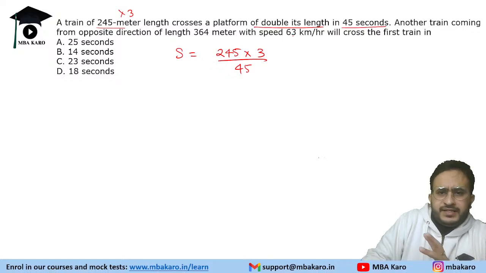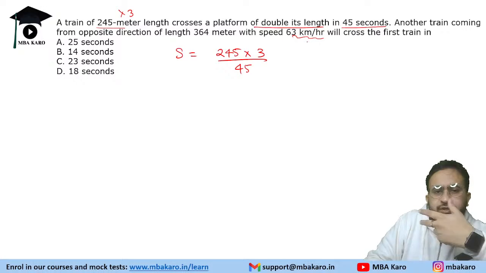Since the other speeds are in kilometer per hour and this we will get in meter per second, we can convert into kilometer per hour also, by putting 18 by 5.